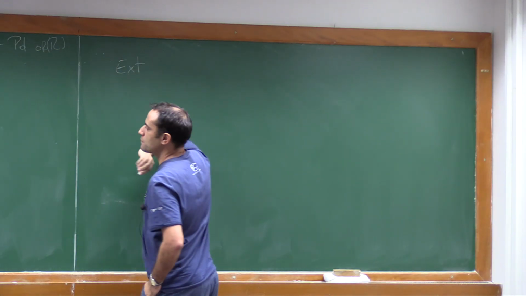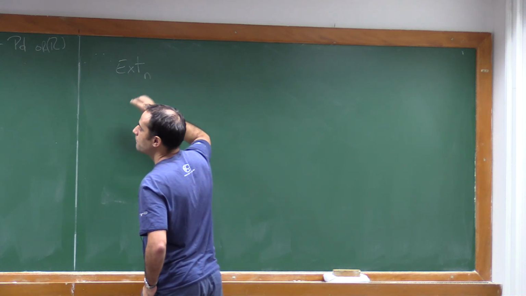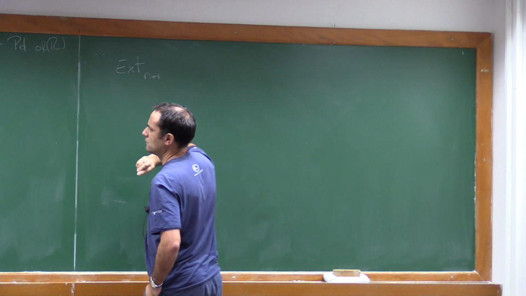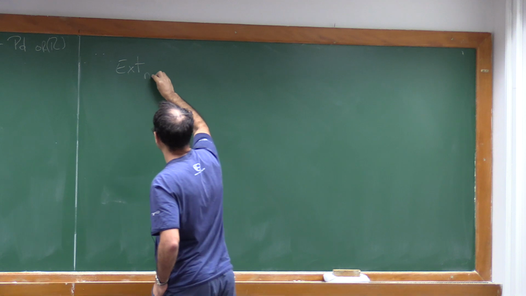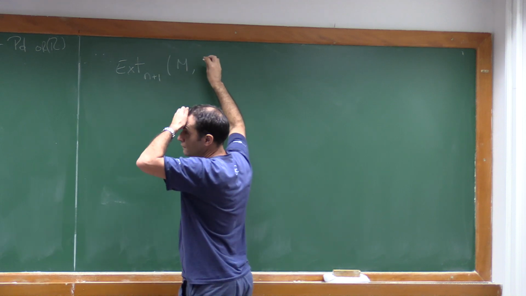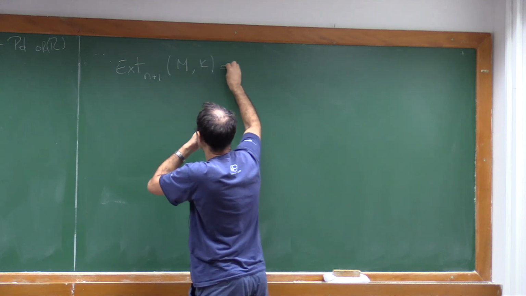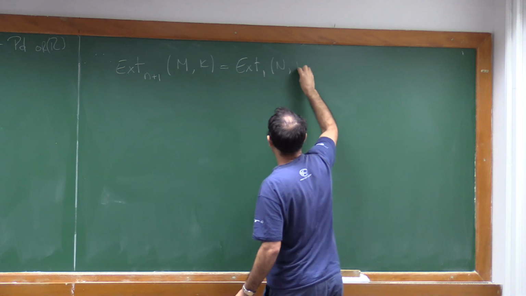This is the lemma which was proved before: Ext n plus 1 of M, anything, is equal to Ext 1 of N, anything.